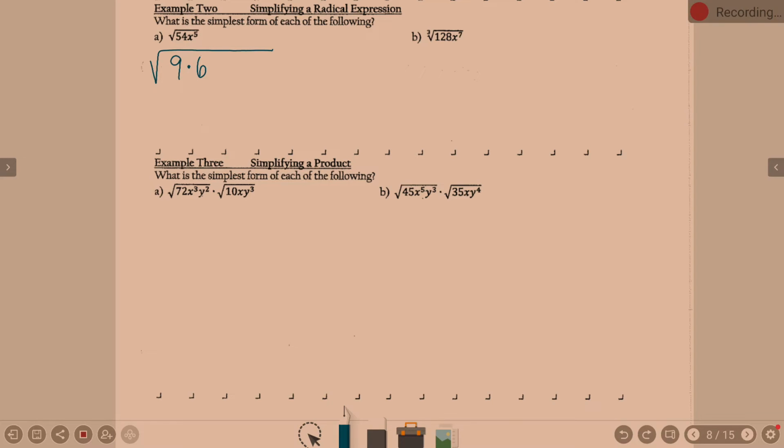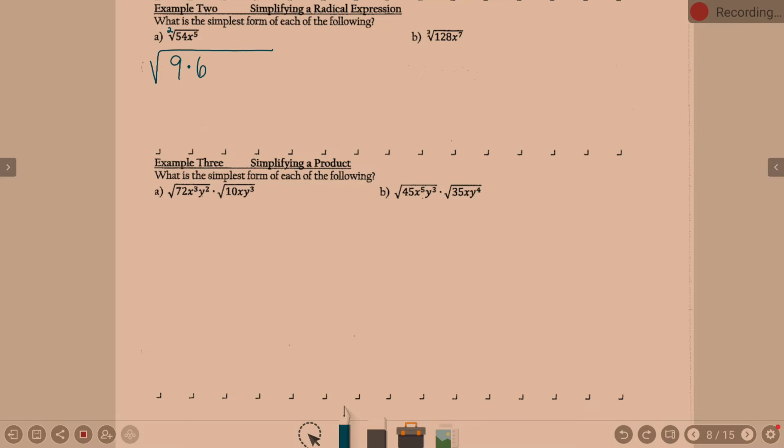And I guess I should back up and ask, do you remember how to take the square root of an exponent? You divide it by whatever your power is. In this case, I'm doing a 2. Does 5 divide nicely by 2? No. So we also have to break our x up.